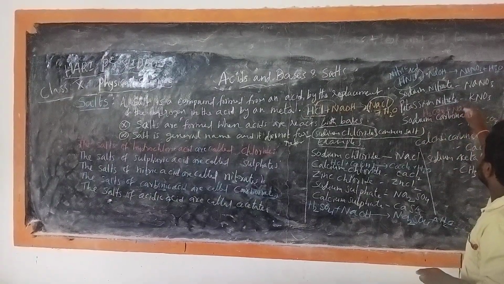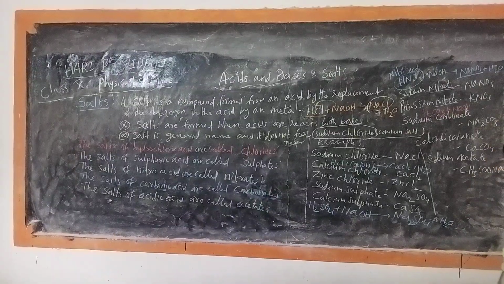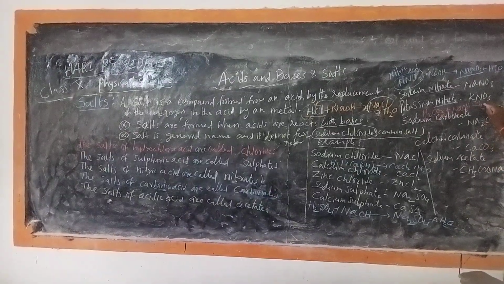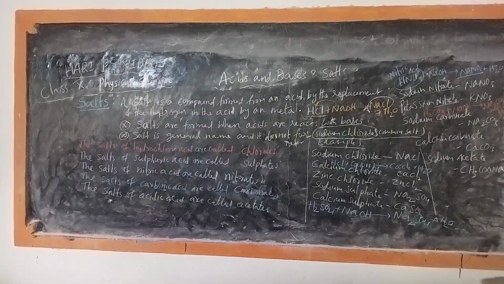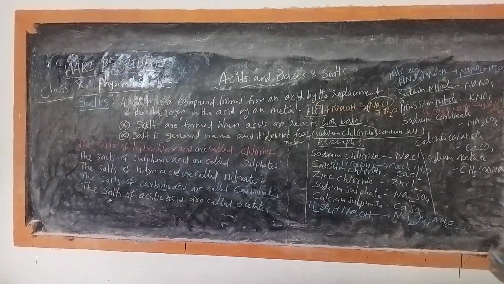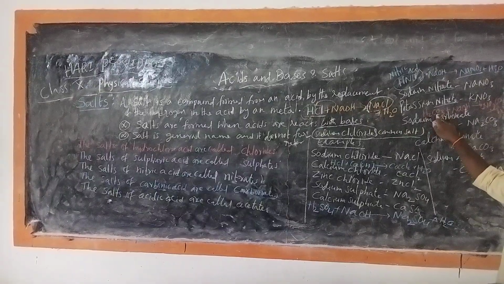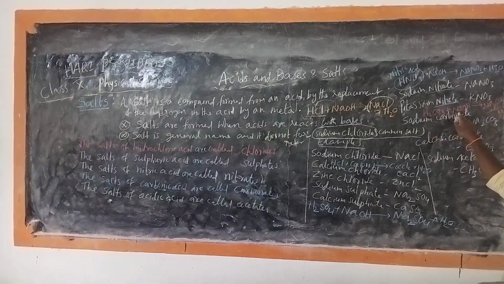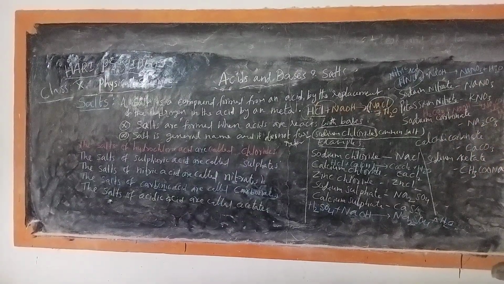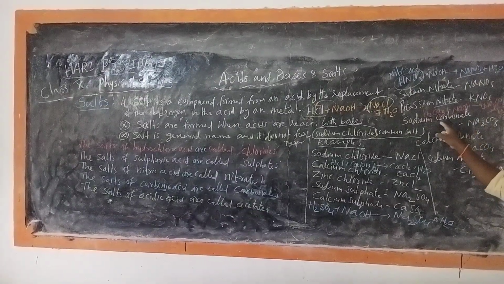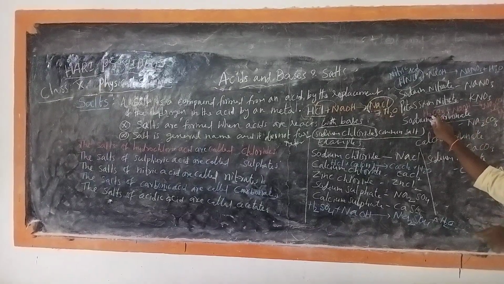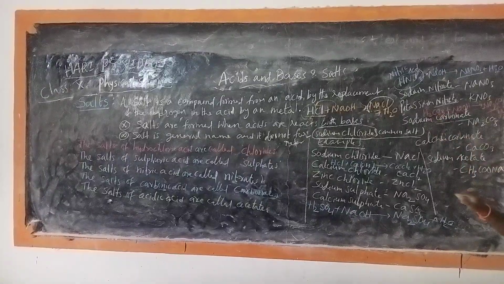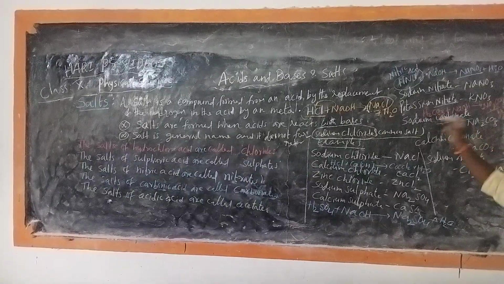This carbonic acid combined with sodium hydroxide gives Na2CO3 plus water. So carbonic acid and sodium hydroxide together give sodium carbonate. This carbonate is obtained from carbonic acid. Similarly, calcium carbonate.